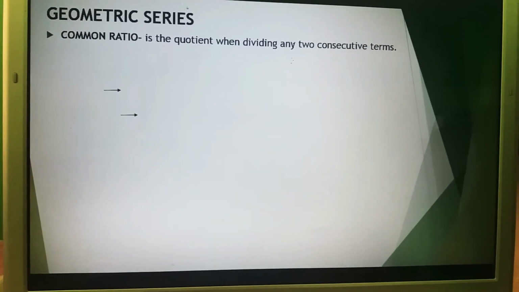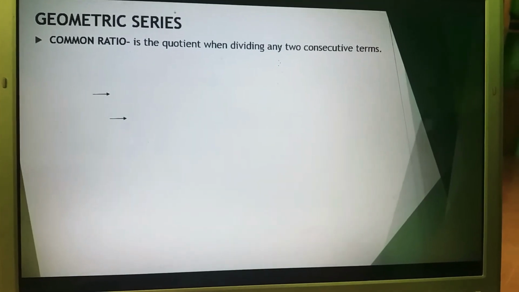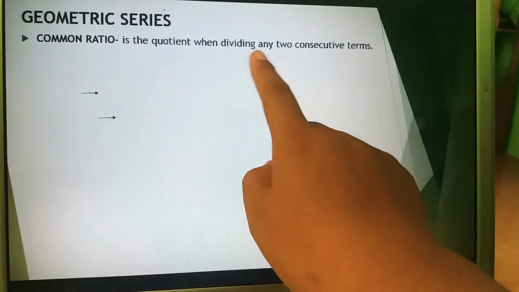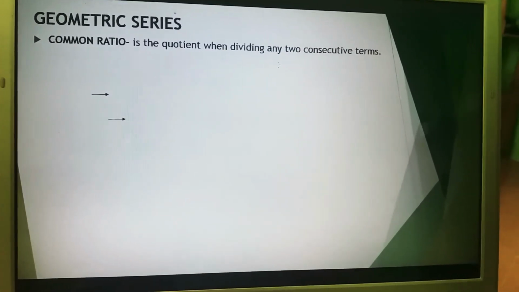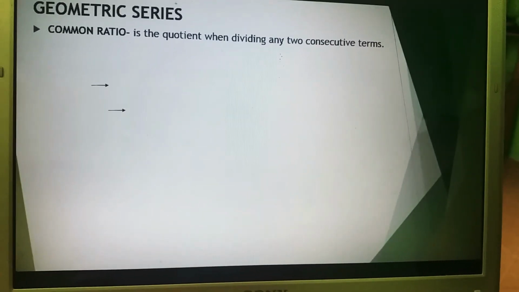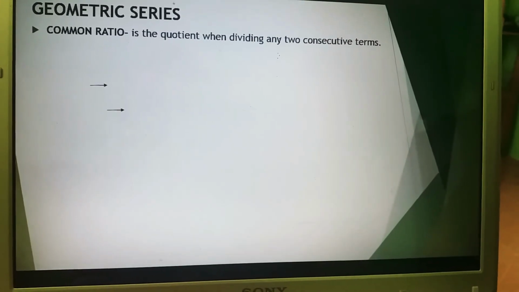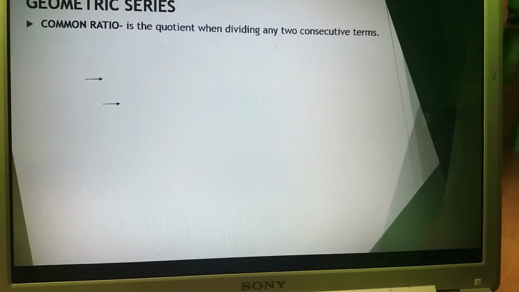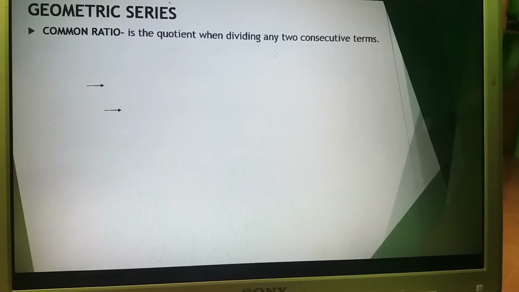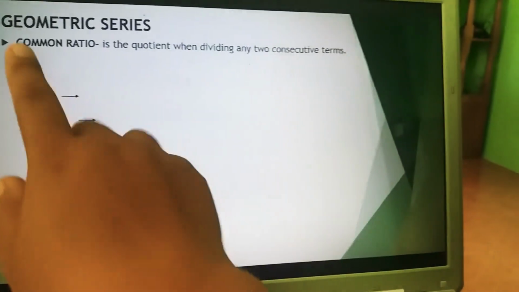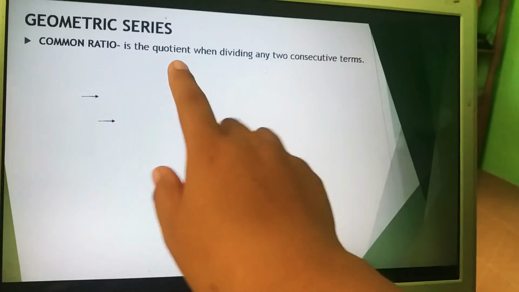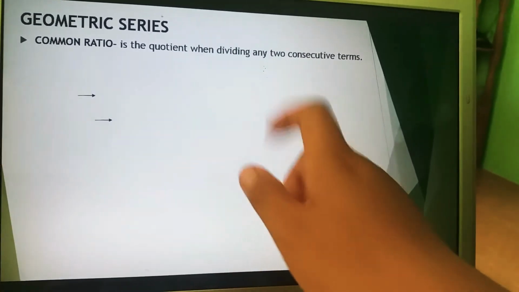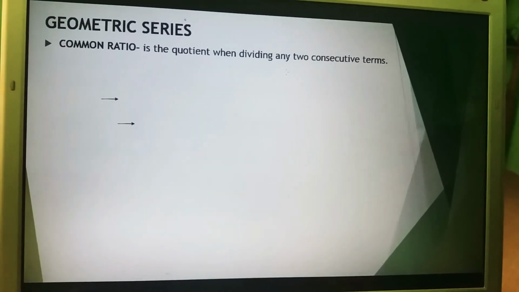Here, in our geometric series, we are going to divide any two consecutive terms. Kung ano yung magkasunod na number, pagdi-divide natin yon. And what we call the answer, the quotient, is your common ratio. So, common ratio is the quotient when dividing any two consecutive terms.